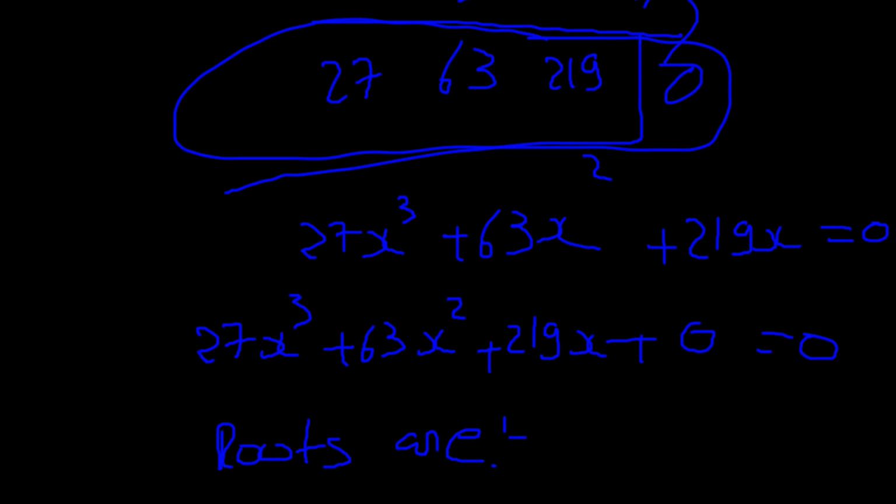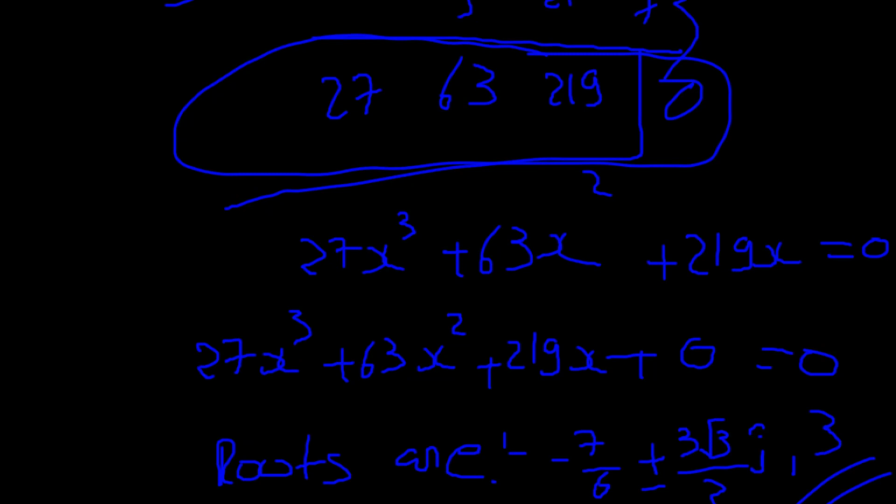The values are minus 7 by 6 plus 3 root 3 upon 2 i, minus 7 by 6 minus 3 root 3 upon 2 i, and 3. Yeah, these are the values and these are our answer.